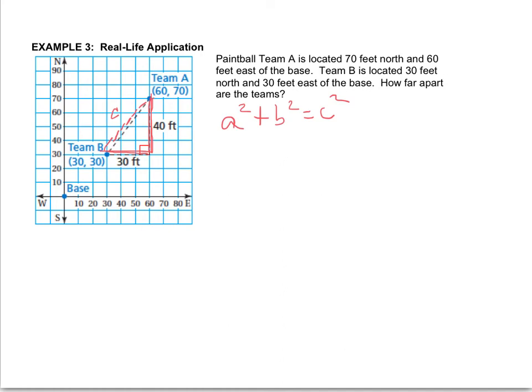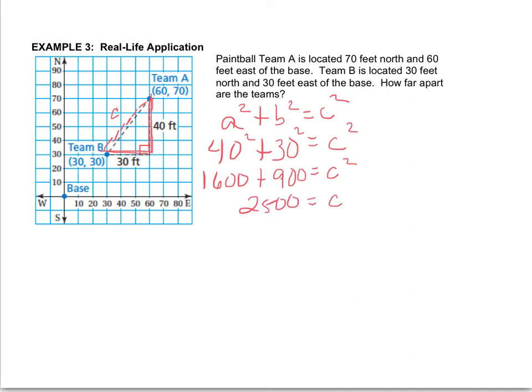So what we want to think of here is A is going to be 40, B is going to be 30. What we don't know is the C, but we have c squared waiting on the other side. 40 squared is 1600, 30 squared is 900, equals c squared. 2500 equals c squared.